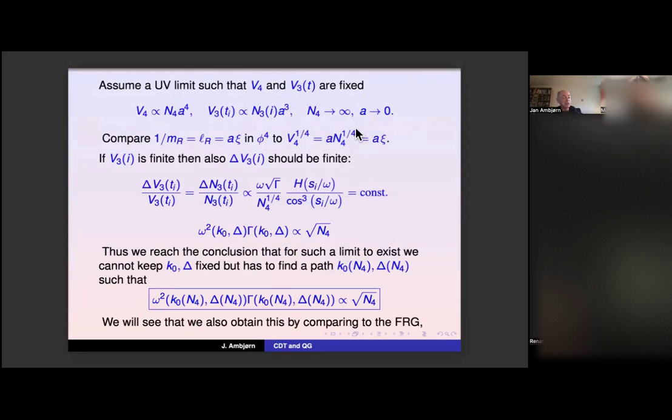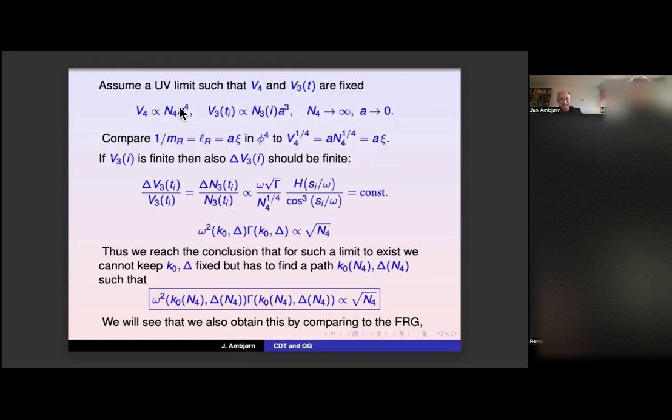So these observations are old. They are 15 years old, or at least 10 years old. And what we said in the old days, like 10 years ago, when we wanted to relate this to an ultraviolet fixed point, was, let us be very naive.